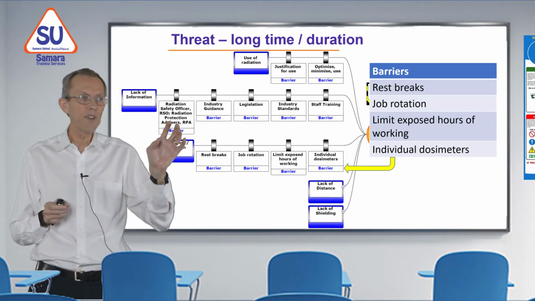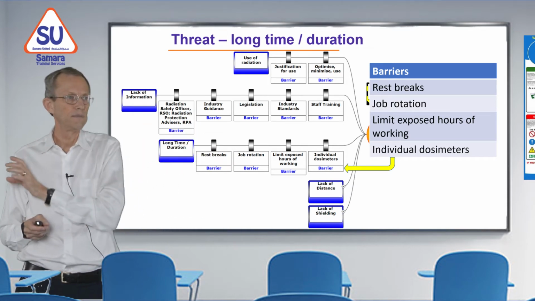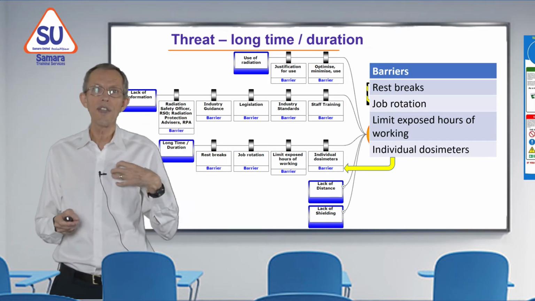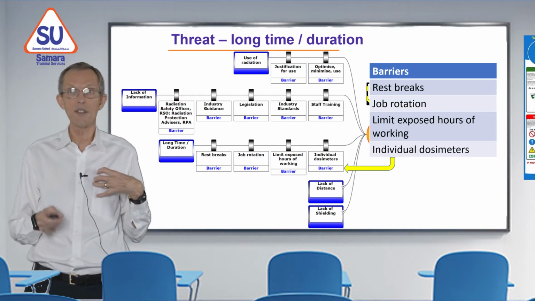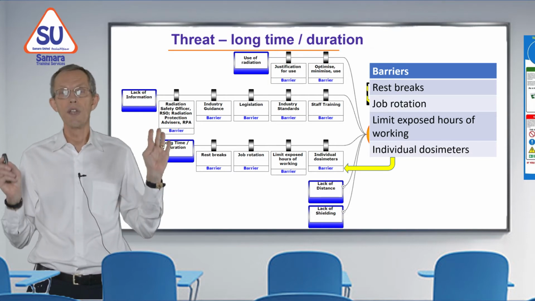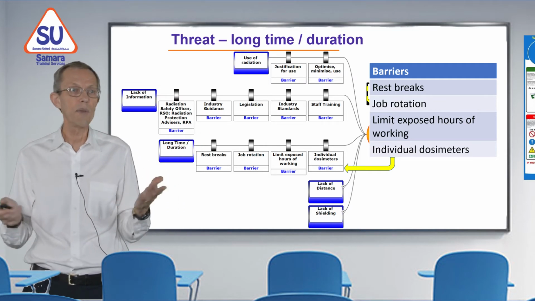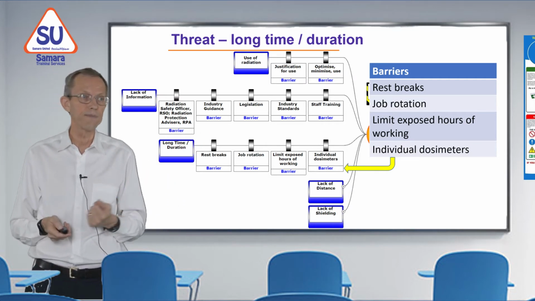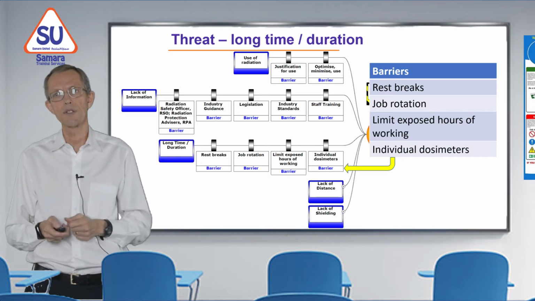We can limit the number of hours they work in each day, maybe 1 hour per day. Or we can measure their dose. We can get individual dose meters which measure how much radiation they're exposed to, and when it gets up to a certain level we can say stop. No more radiation work for you for a period of time, maybe a day or a week or longer. So we can manage the time that people are exposed.